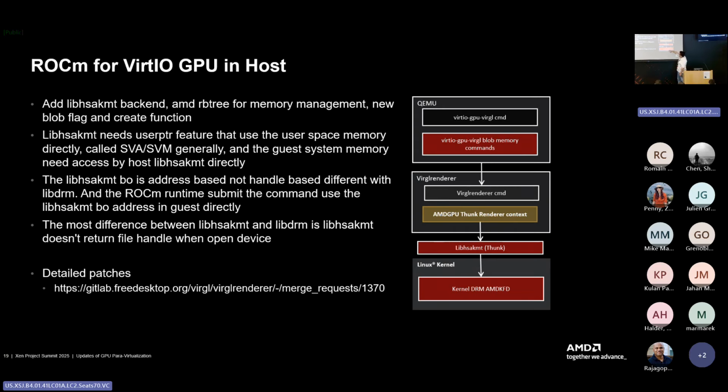Then it can forward the sunk API for the AMDGPU compute stack to the guest side. The patch is also in progress for upstream. You can check the details in the virtual render implementation here.